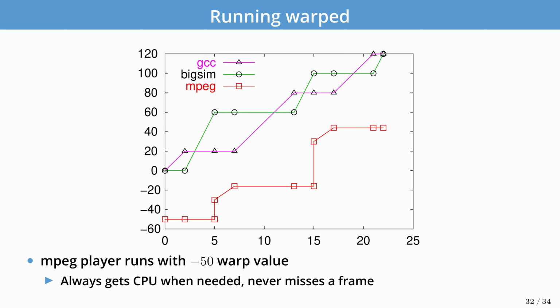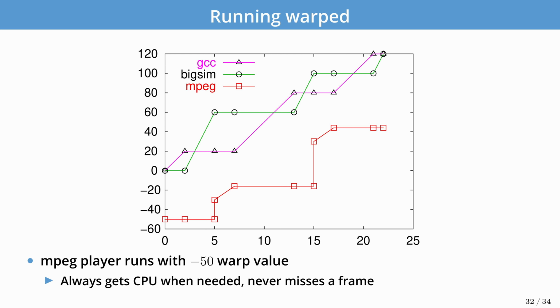And then again, remember that we're showing here the effective virtual time, so we subtract 50 again for the warp value, and the MPEG program runs for a little bit, and then again it relinquishes the CPU, allowing GCC and BigSim to continue running.